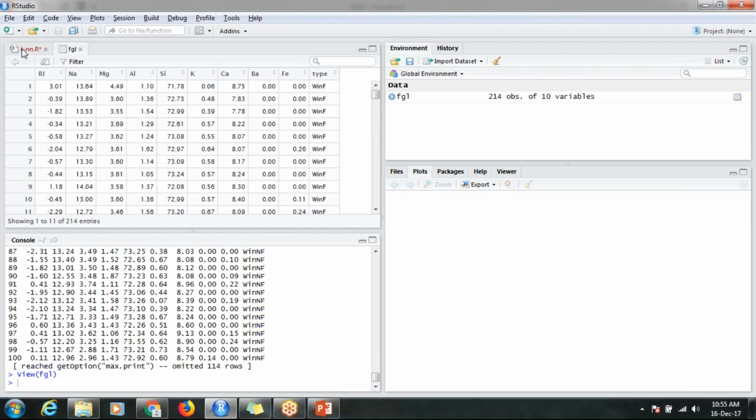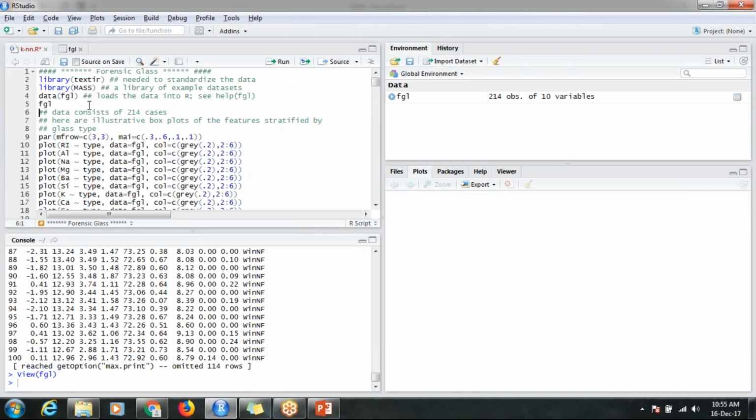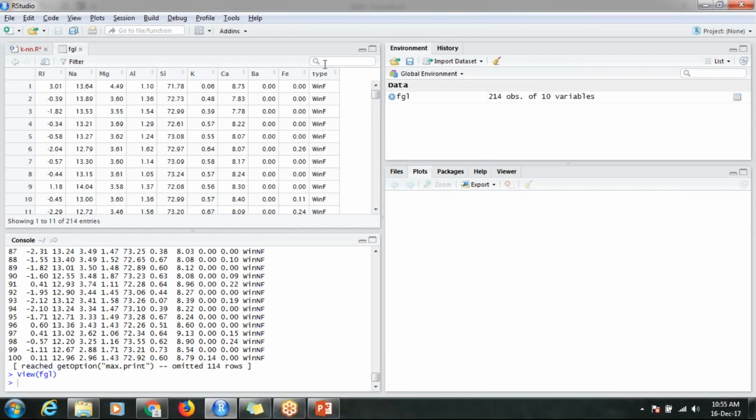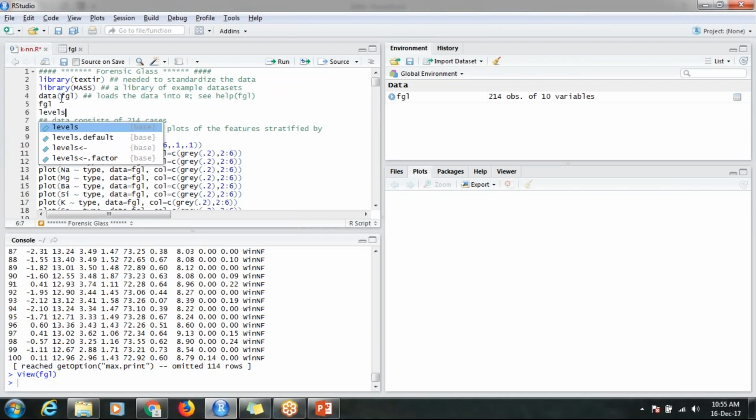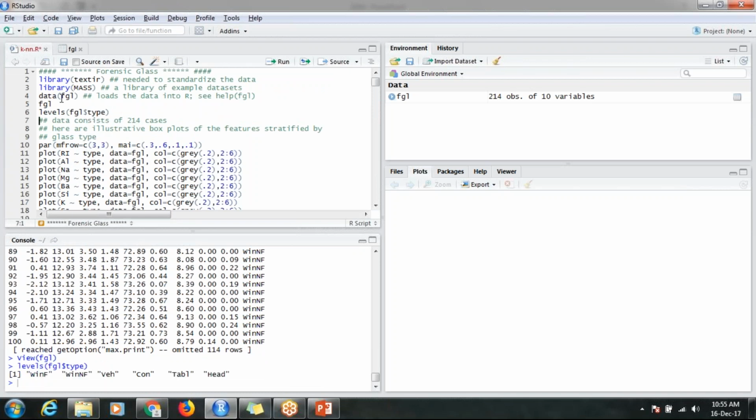So let us look at how many types of glasses there are. This is a factor, so the levels of fgl type.